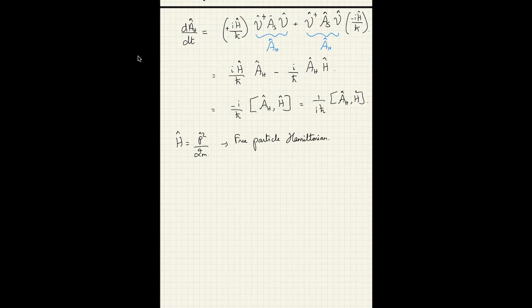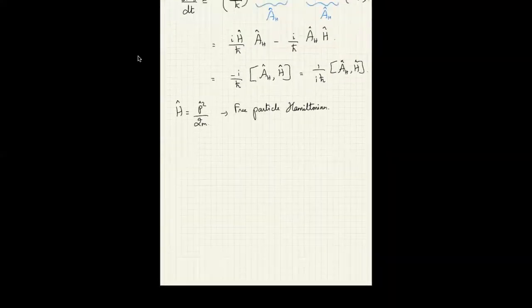Now you're asked to calculate a very interesting commutator, x at t1, x at t2. Obviously, in the Schrodinger picture, the commutator of x with itself is equal to 0. But in the Heisenberg picture, it turns out that the commutator of x with itself at unequal times is not equal to 0. Okay, so we will work this out and then talk a little bit about what it implies.